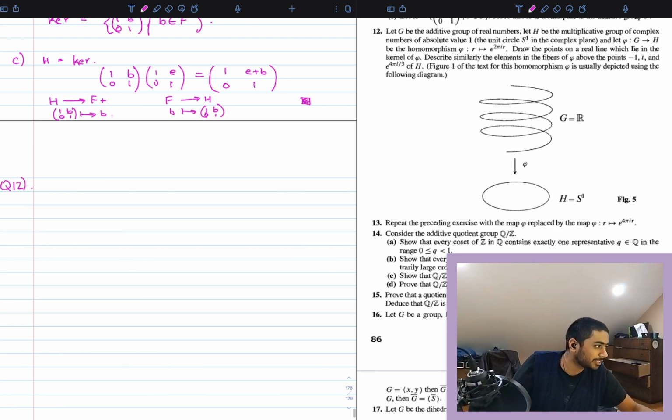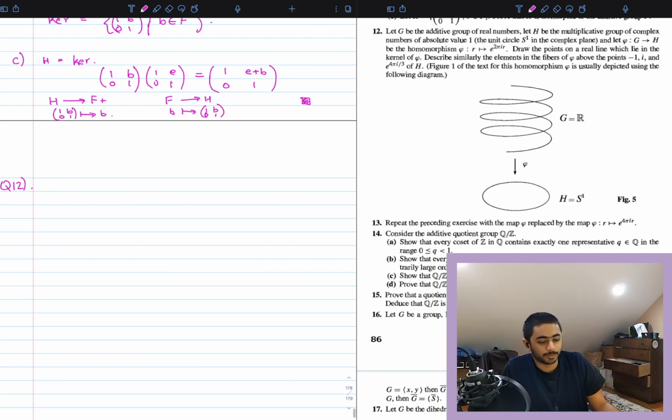So this question borrows some concepts from algebraic topology, which is pretty cool. G is the additive group of real numbers. H is the multiplicative group of complex numbers of absolute value 1. So it's just the unit circle living inside the complex plane. Let phi be a map from G to H that sends R to this number.